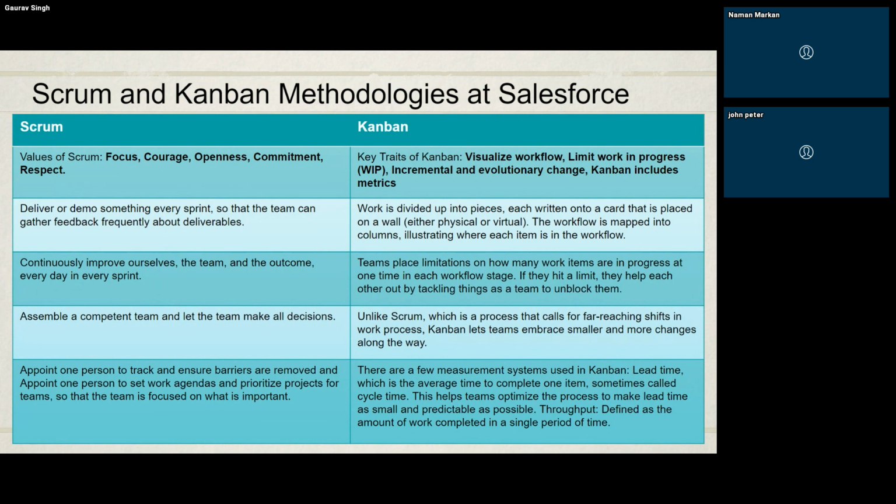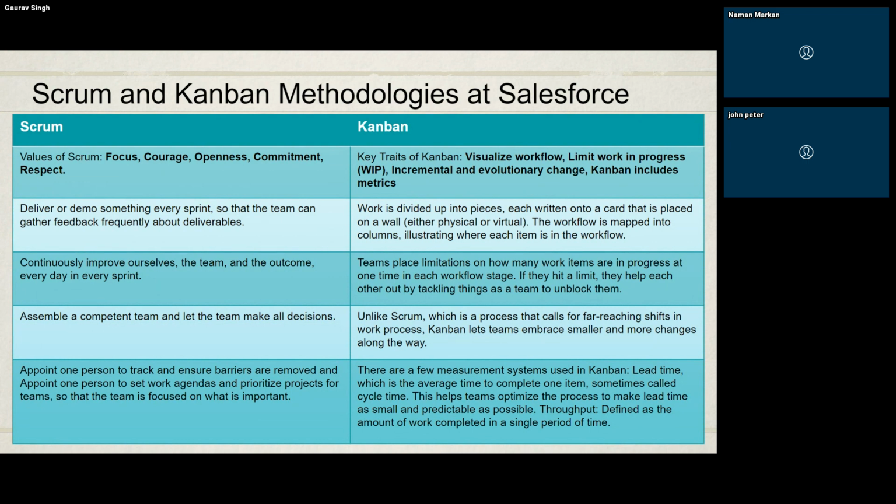We decide these are the work items we will take for a week and not more. If they hit a limit, they help each other out by tackling things as a team to unlock them. Similarly, in Scrum, we assemble a competent team and let the team make all decisions. No individual decisions. The team is making all the decisions.